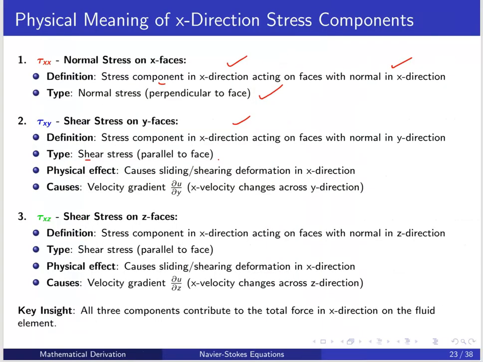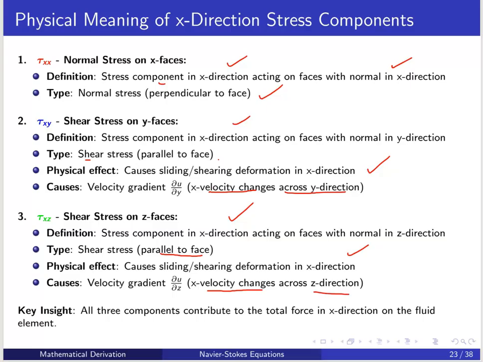The physical effect is causing sliding or shearing deformation in x direction, and causes velocity gradient dou u by dou y, meaning x velocity changes across the y direction. And tau xz is shear stress on z faces. So shear stress component in x direction acting on faces with normal in z direction. Again shear stress parallel to the face, causing sliding or shearing deformation in x direction, with velocity gradient dou u by dou z, x velocity changes across the z direction.